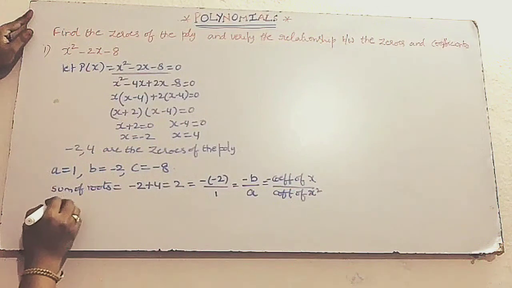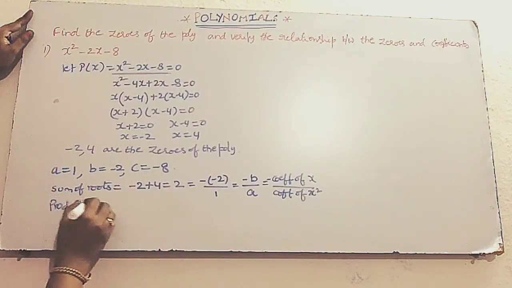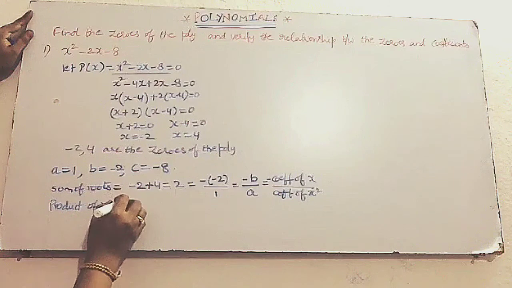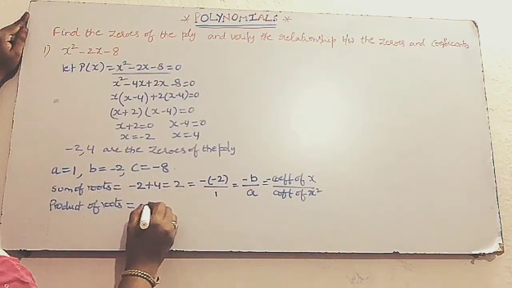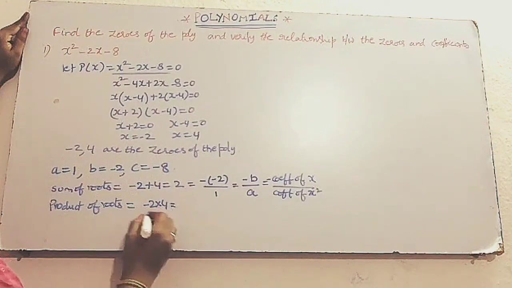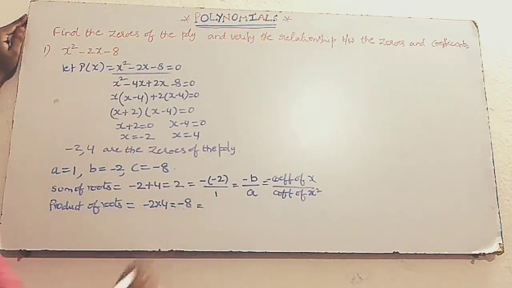And next, product of roots. Product of roots means minus 2 into 4, that means minus 8.